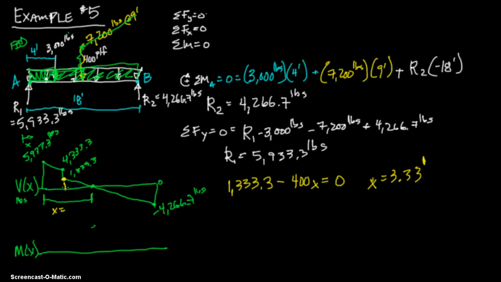That's 3.33 feet from here. So we want to go ahead and add this 4 foot, plus 4 foot. Hopefully that makes sense, because our equation was from this point right here. So we need to add the 4 foot to make sense. 7.33 foot. All right, and that will be your place of maximum moment.